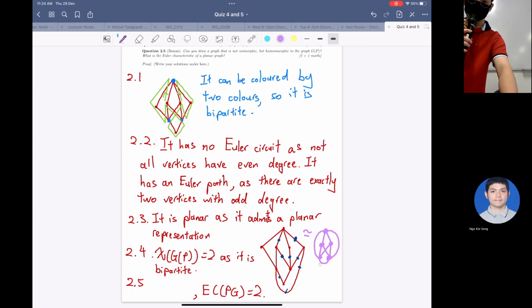Generally low marks in graph. Jiang Xiaoyi got 10 in graph. Jia also got 10 in graph. Dexter. Okay.